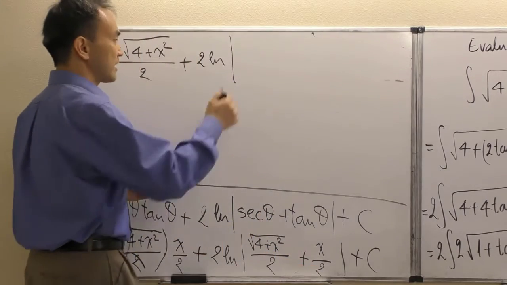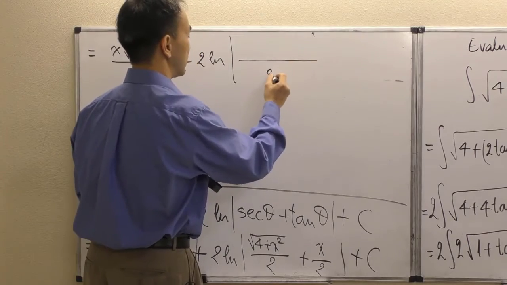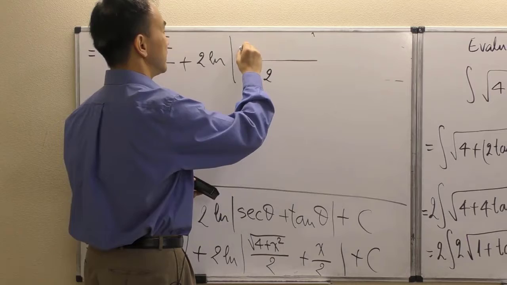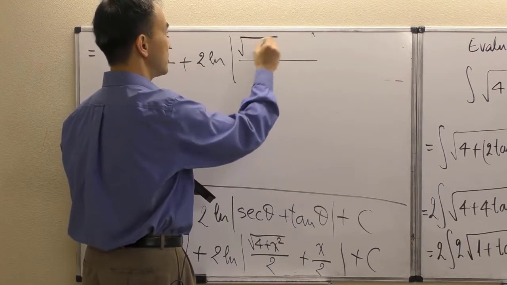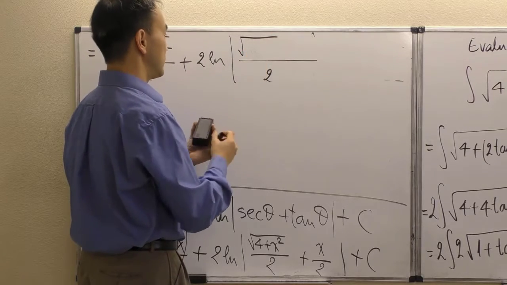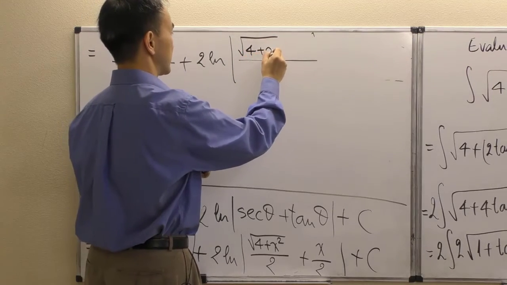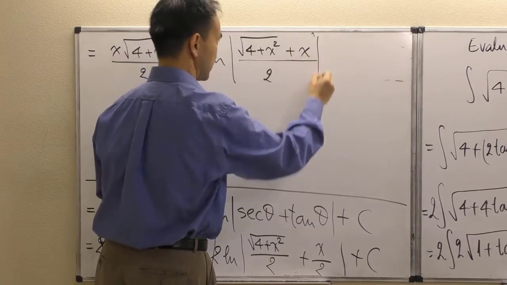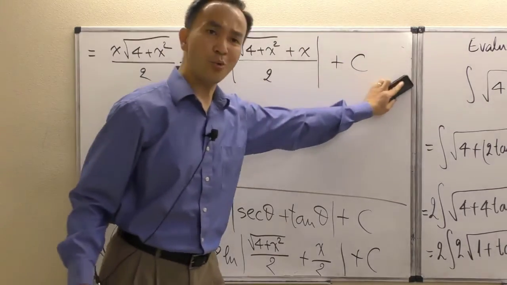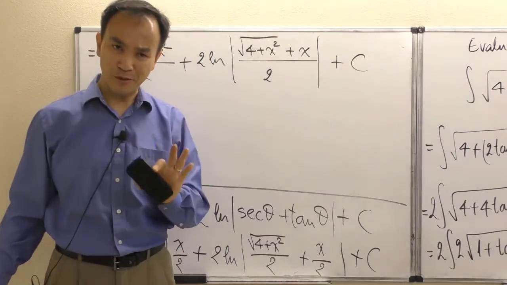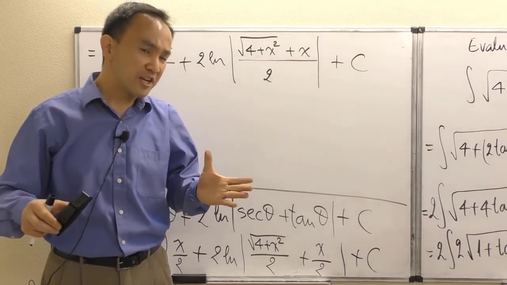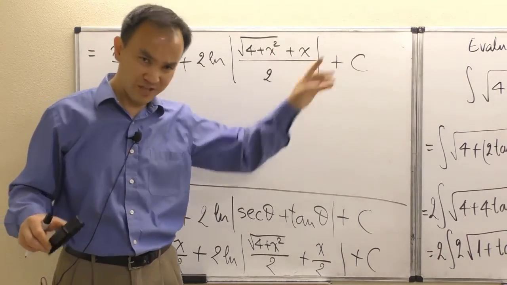So I can write it in one expression right here over 2, and then here we're looking at square root of 4 plus x squared plus x in the numerator, and plus c. Okay, but I'm still not quite happy, and I'm purposely doing this to give you a more flexible experience with the constant c later on, and you will see my point later on.